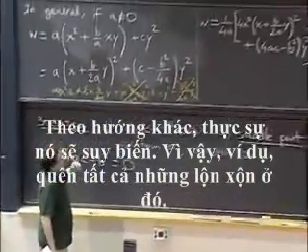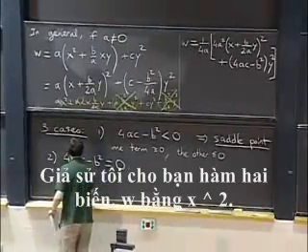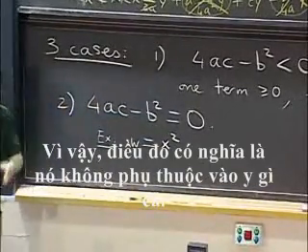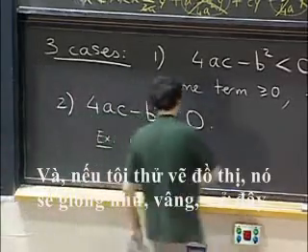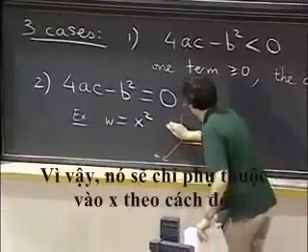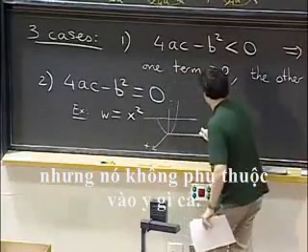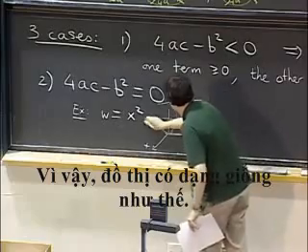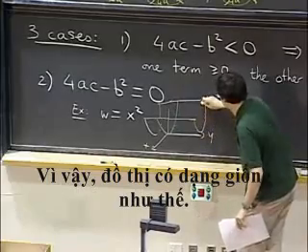So, for example, forget all the clutter in there. Say I give you just the function of two variables, w equals just x squared. That means it doesn't depend on y at all. And if I try to plot the graph, x is here, so it will depend on x in that way, but it doesn't depend on y at all. So what the graph looks like is something like that.